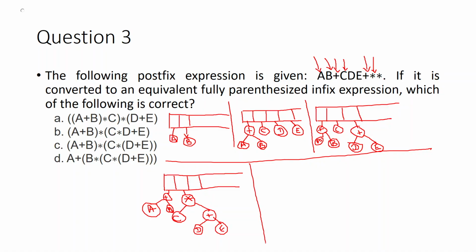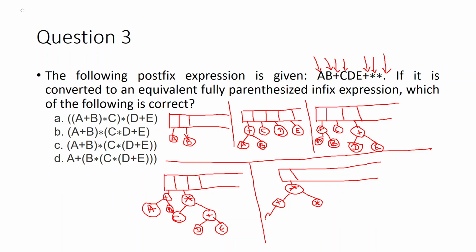Next, the last character is also a multiplication. If a character is an operator, pop two values from the stack, make them its children, and push the current node again. As per this rule, when we find this multiplication, we need to pop two elements from the stack. The left-hand side is plus, the right-hand side is multiplication.